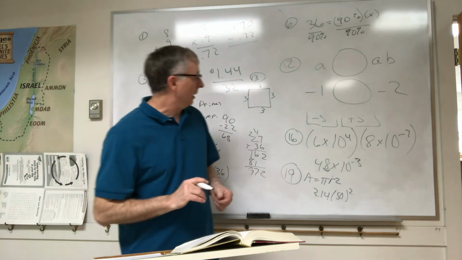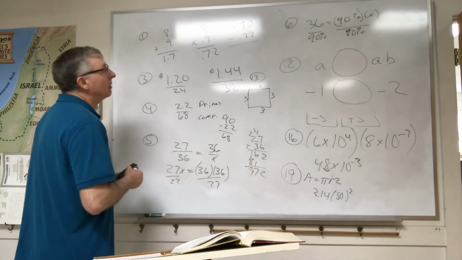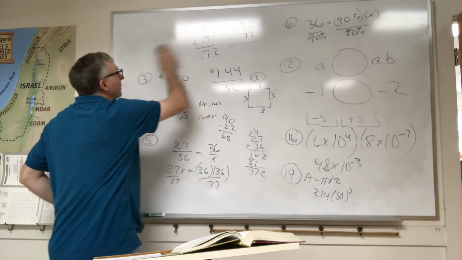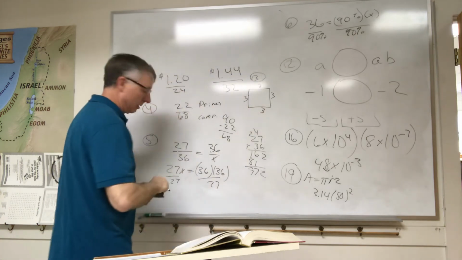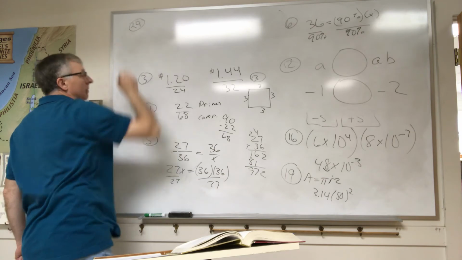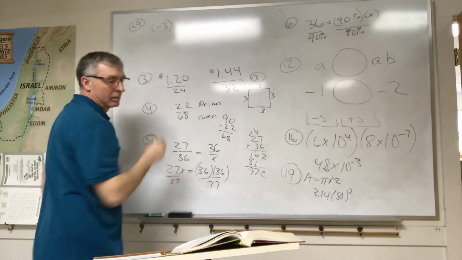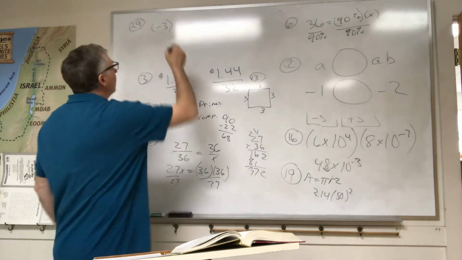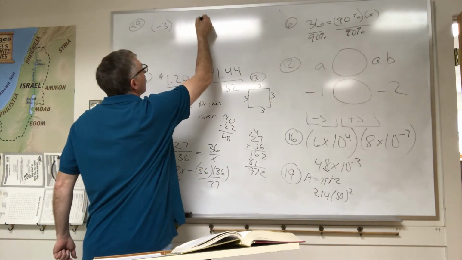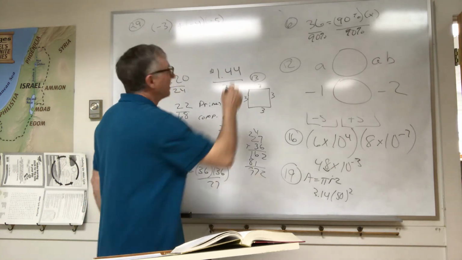29, let's put that over here. A -3 plus a -4 minus a -6.